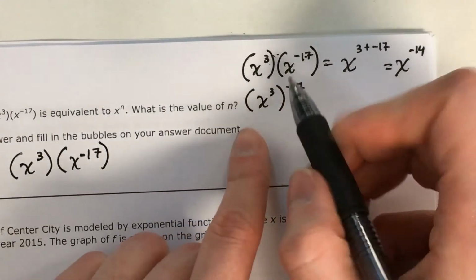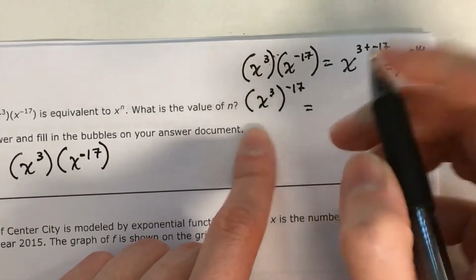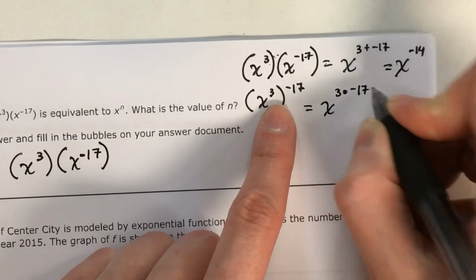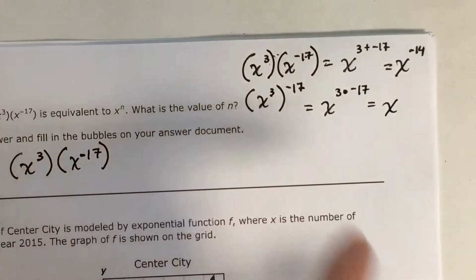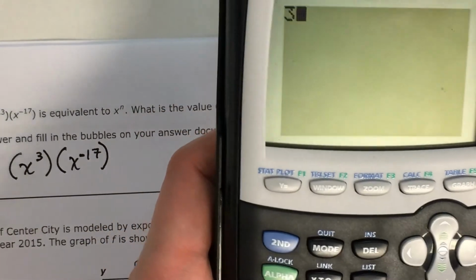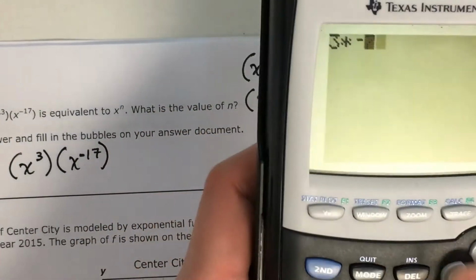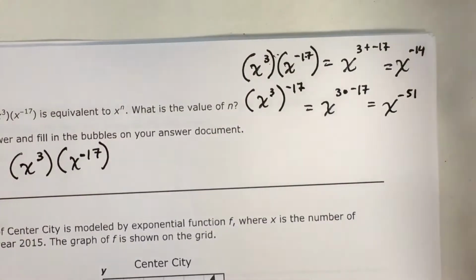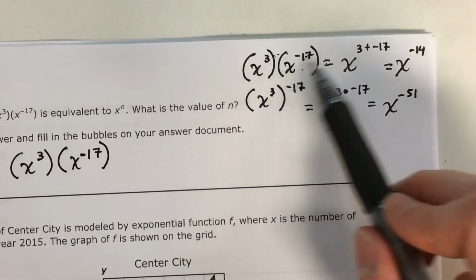And then for this one, if you see an exponent, parenthesis, exponent, you are going to multiply. You have to do 3 times negative 17, and that would make it negative 51. Okay, so if you see something like this, it's a plus.